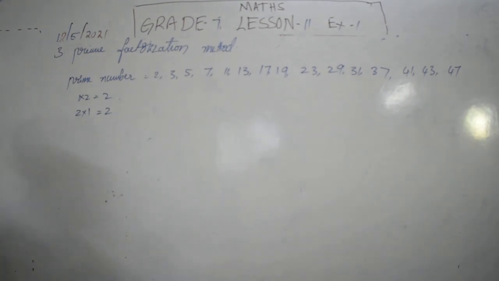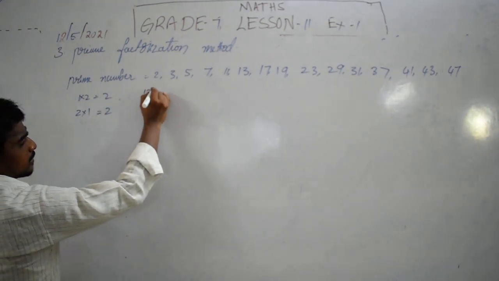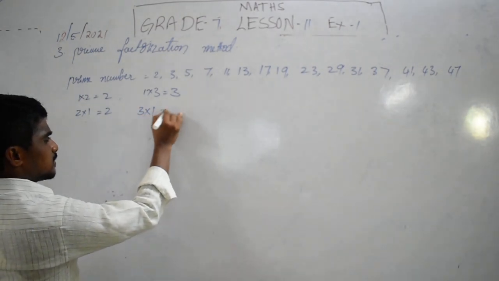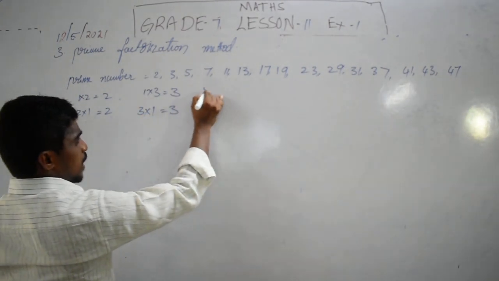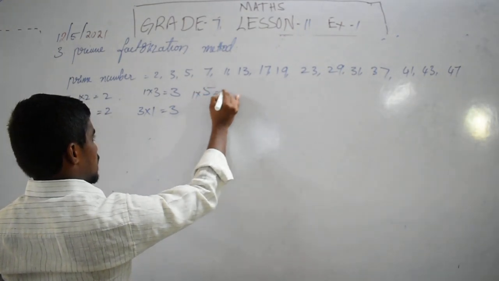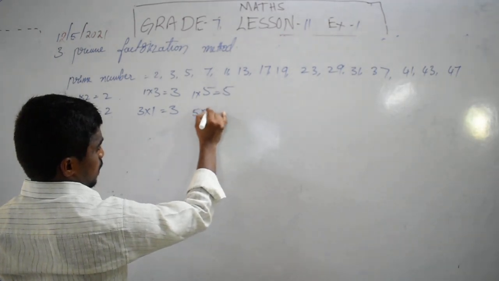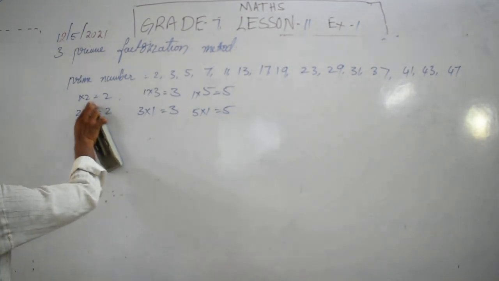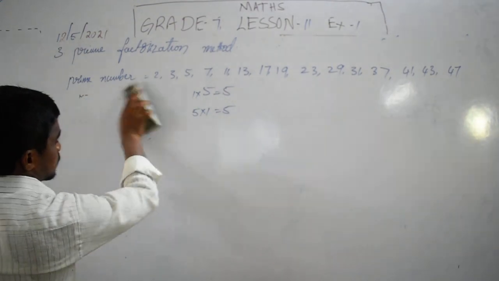Like that, 3 also you check. 1 3 is 3, 3 1 is 3. Next 5 you check. 1 5 is 5, 5 1 is 5. So these are prime numbers. So we are using the prime numbers, that is the prime factorization method.